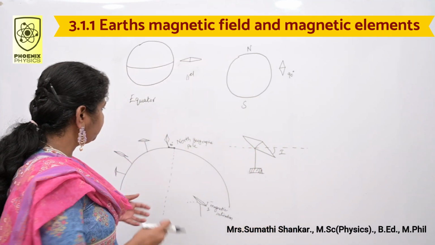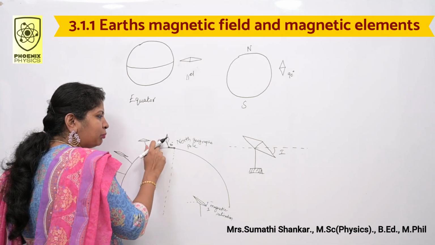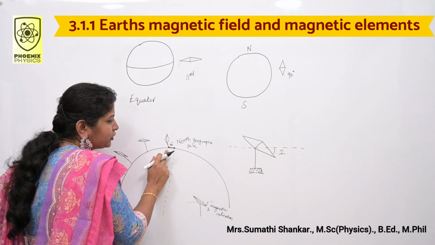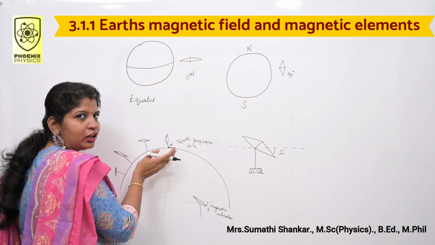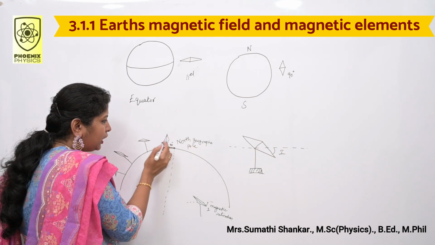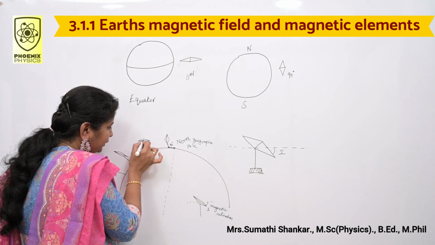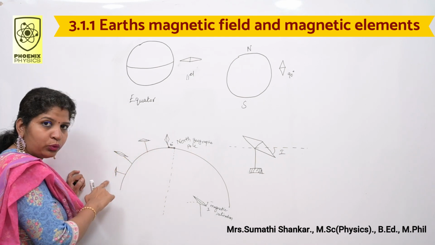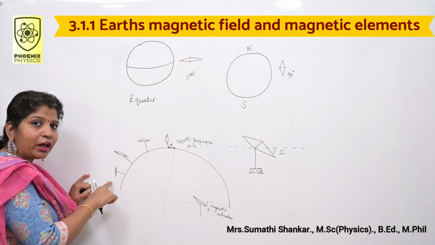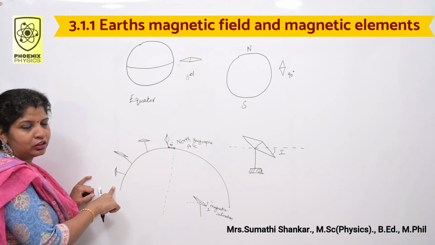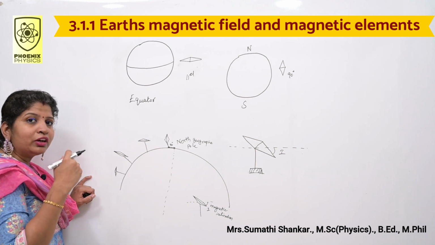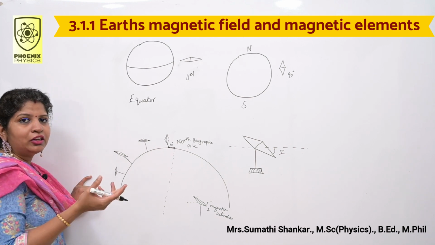Look at the diagram. At poles, the magnetic needle makes an angle 90 degrees with the earth magnetic field in the horizontal direction. Then it tilted like this. At equator, it comes parallel to the earth magnetic field in the horizontal direction. So, how do you define magnetic inclination?